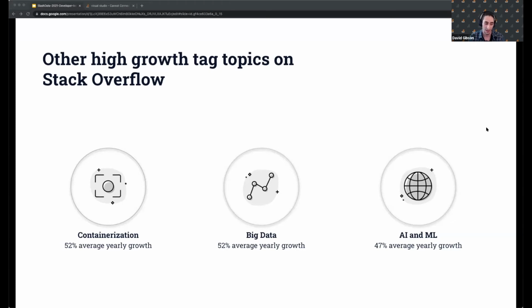This would include obviously Docker and Kubernetes, but many, many more, and also the services that are utilizing them. We've also seen big data grow at the same rate, and AI and ML. Although those are kind of old news as far as the hot topics, they're definitely still being implemented, and there's still lots of developers developing for those technologies.